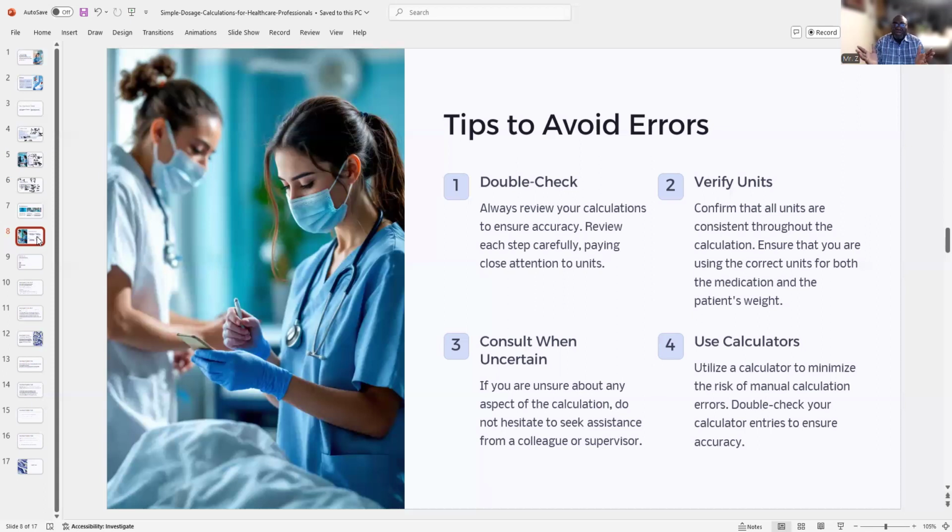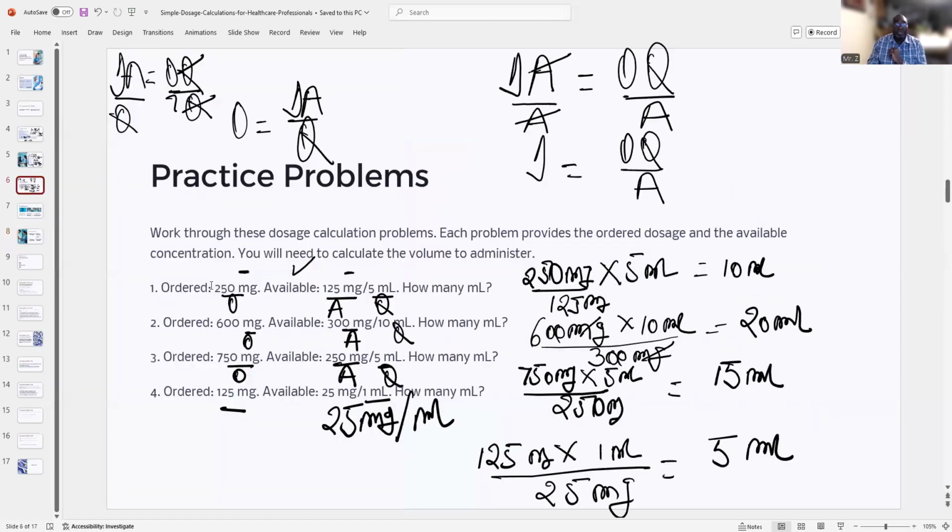Always double check your calculation. Verify your unit. As I told you, if the doctor prescribed 250 milligram, make sure that the unit for 250 milligram and for 125 are within your order and the available. They have to be within the same unit.